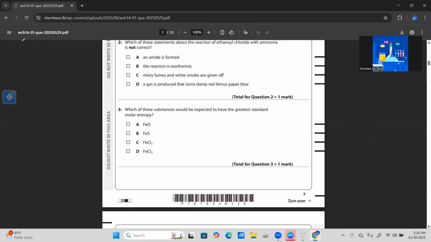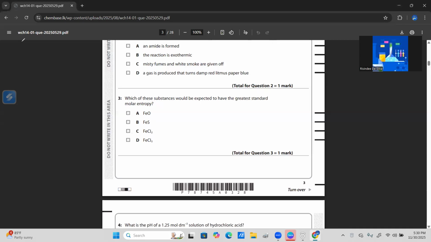Which of these substances would be expected to have the greatest standard molar entropy? Normally we know the standard entropy is higher with an increasing number of electrons. So if you take the electrons of the first one, atomic number of iron is 26 and oxygen 8, you have 34. 26 and 16, it's 42.